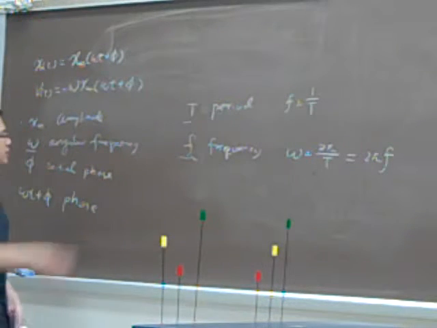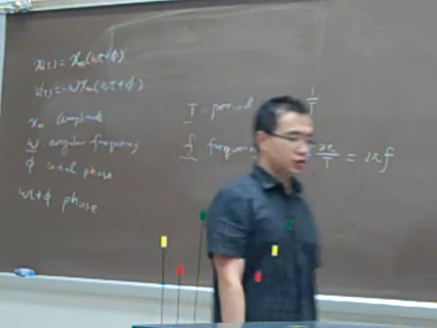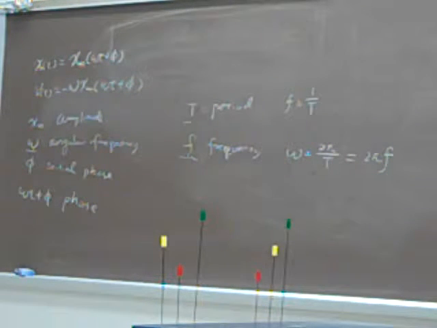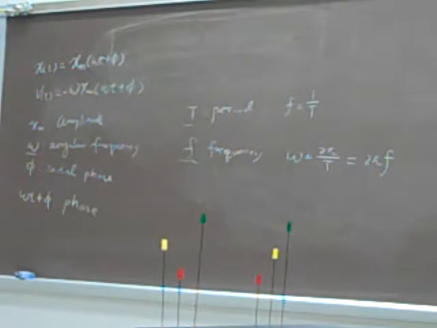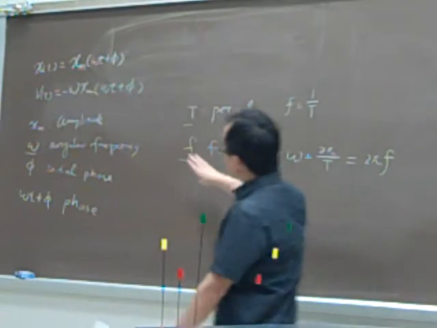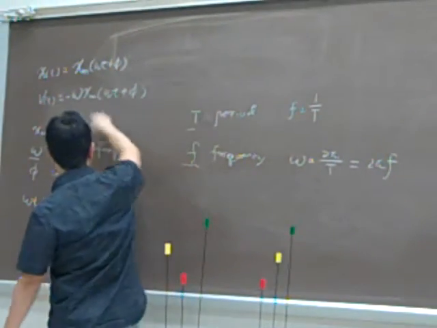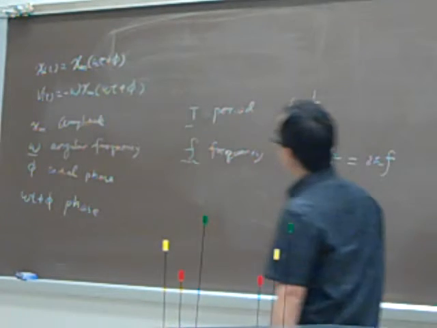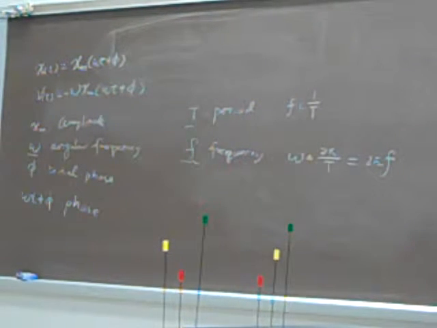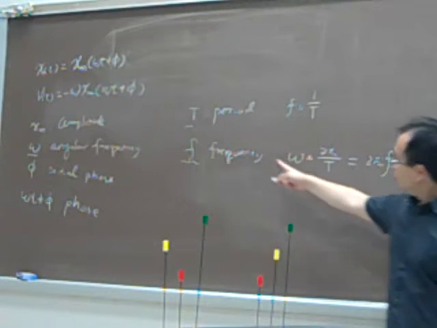These are the quantities you need to know about simple harmonic motion. Some of them can be directly obtained from the equation, but for others you have to do a calculation.